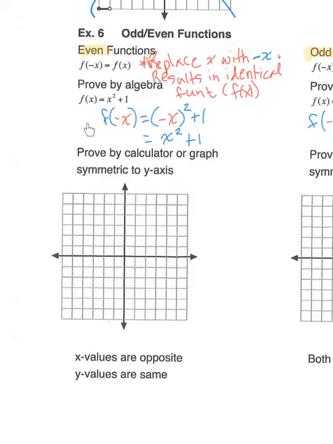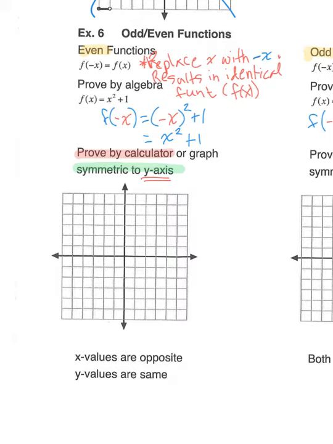Even functions are symmetrical to the, did I say x? Even functions are symmetrical to the y-axis. So highlight that. We are going to prove by our calculator that it is symmetric to the y-axis.